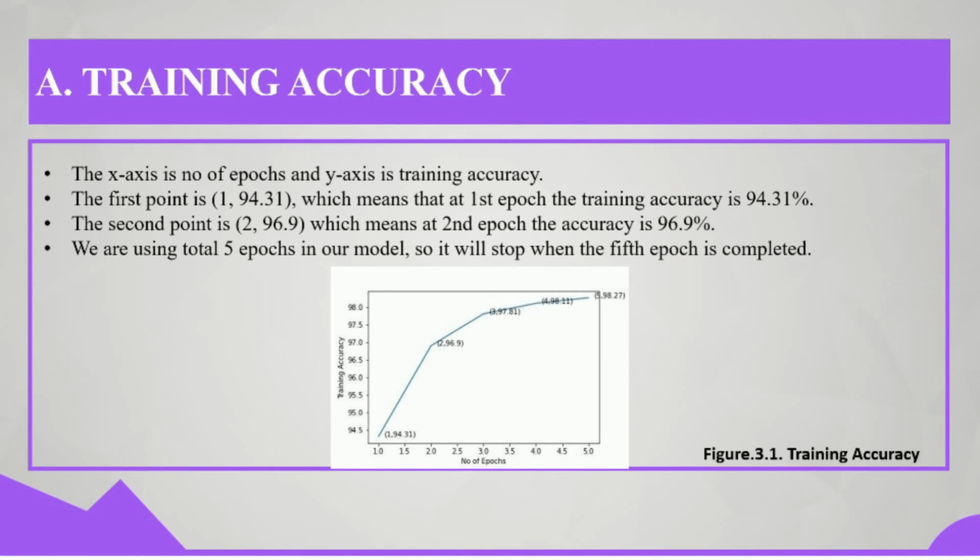So in this first graph, training accuracy, we have the x-axis as number of epochs and the y-axis as training accuracy. The first point is 1, 94.31, which means that at the first epoch the training accuracy is 94.31%. The second point is 2, 96.9, which means that at the second epoch the accuracy is 96.9%. We are using a total of 5 epochs in our model, so it will stop when the fifth epoch is completed.